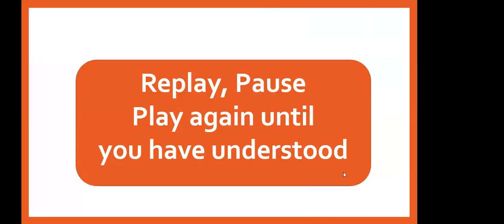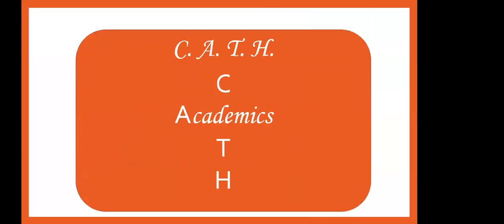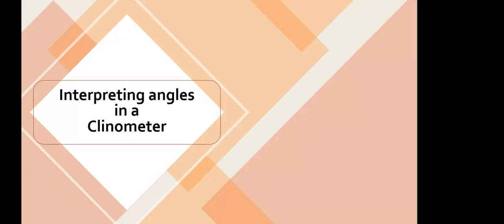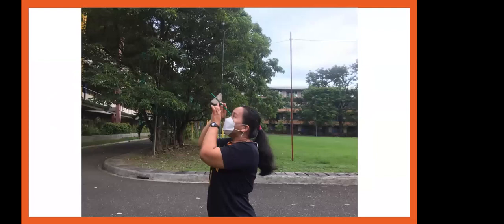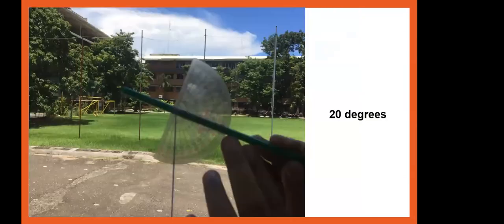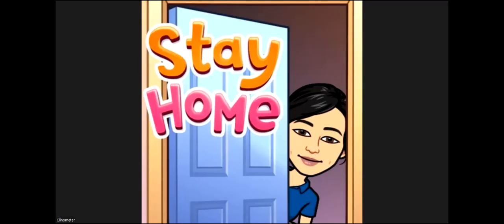So as we continue with this discussion about interpreting angles in a clinometer, what if your clinometer looks this way? Of course, you still sight the topmost of your target, and then you take note of the angle. The angle bears 20 degrees. So this time, how do we interpret that one?